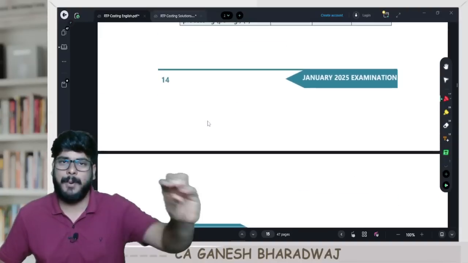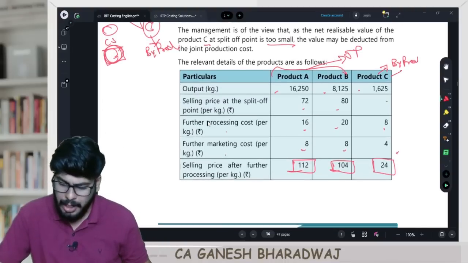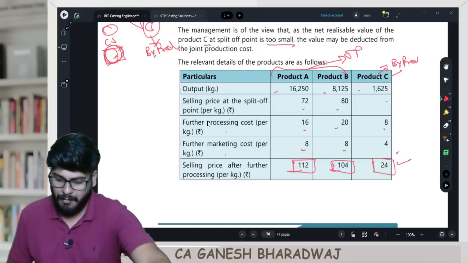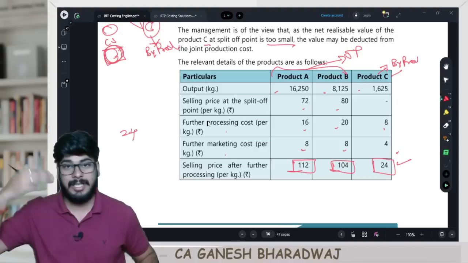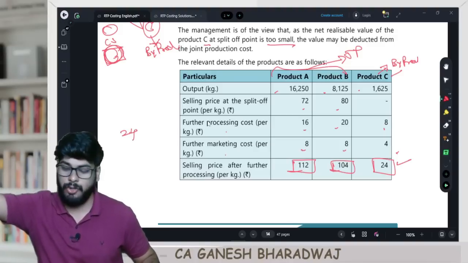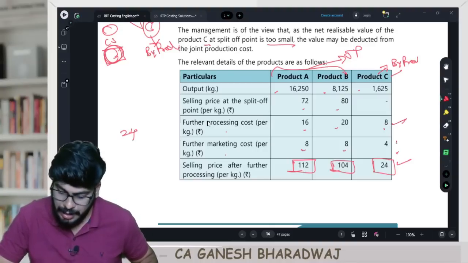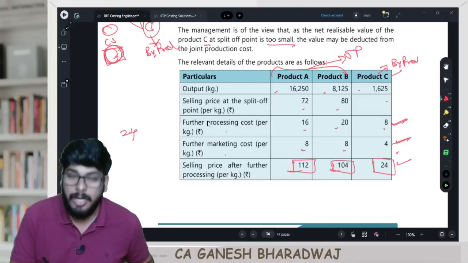So now approach the solution. As I just told you, you take the byproduct first. What is the final selling price of the byproduct? 24 rupees. This 24 rupees is the final sales value of product C. To actually get the sale value, you need to incur a further processing cost of 8 rupees and a further marketing cost of 4 rupees.